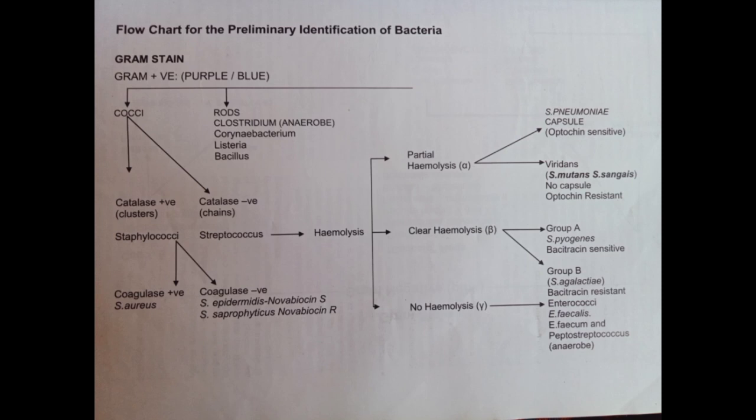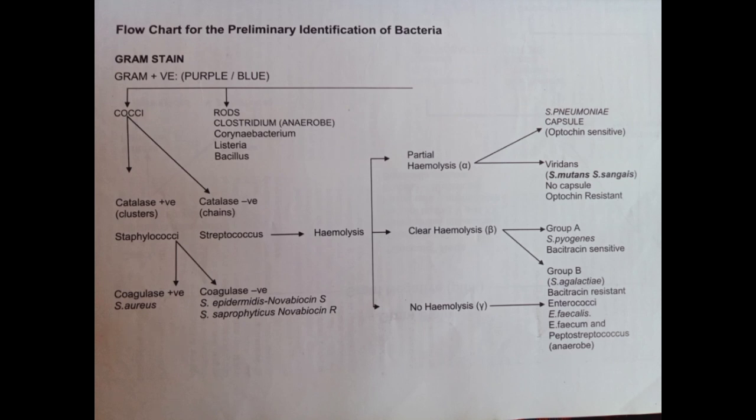The third one is no hemolysis, also called gamma hemolysis. It contains the species Enterococci, E. faecalis, E. faecium, and Peptostreptococcus. These species are not involved in any hemolysis.